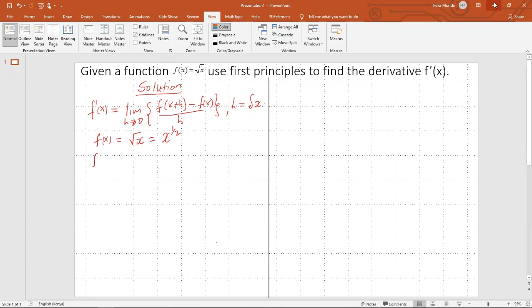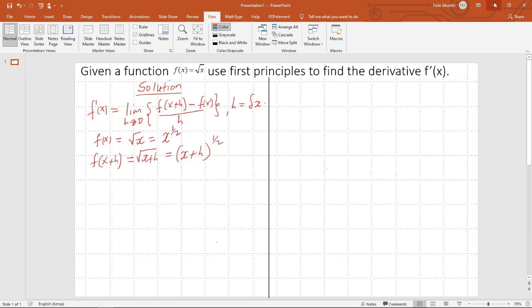We need f of x plus h. Wherever there is x in our f of x, we will replace it with x plus h, and therefore f of x plus h is given by square root of x plus h, which is equivalent to x plus h power half.